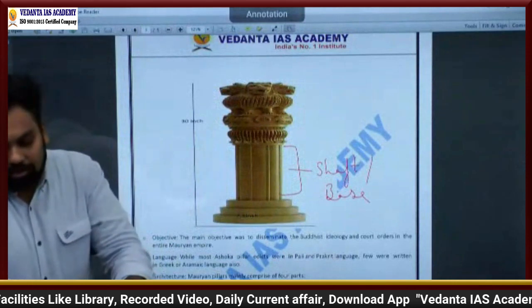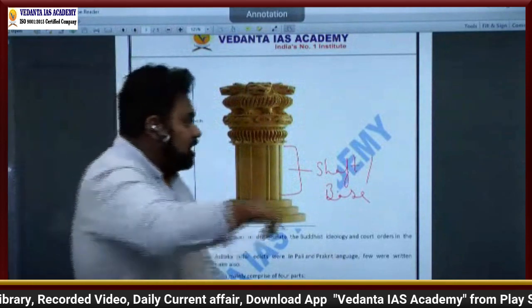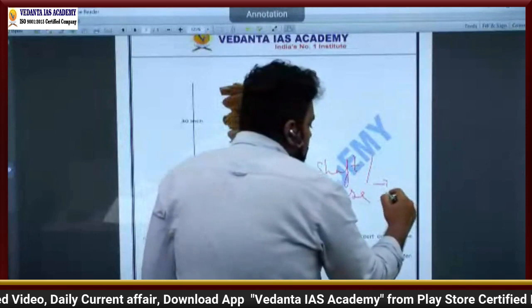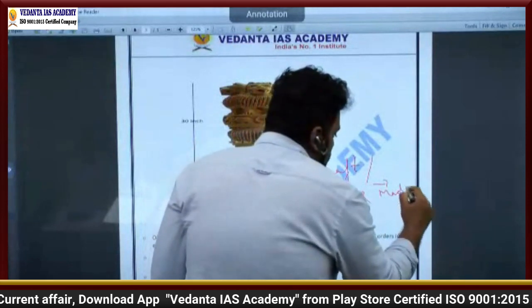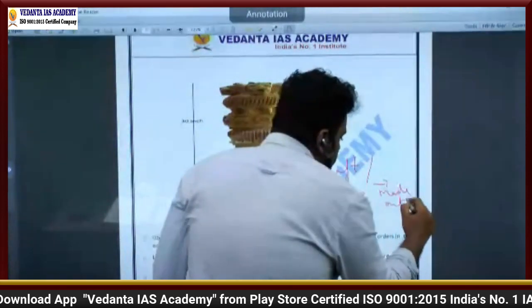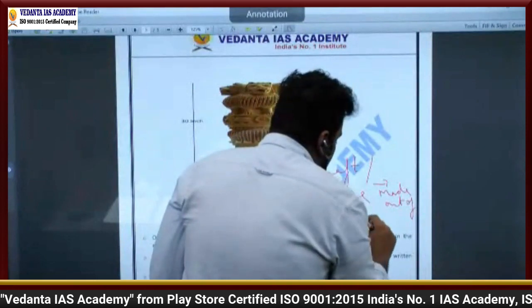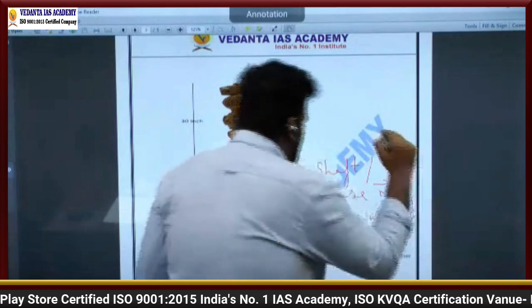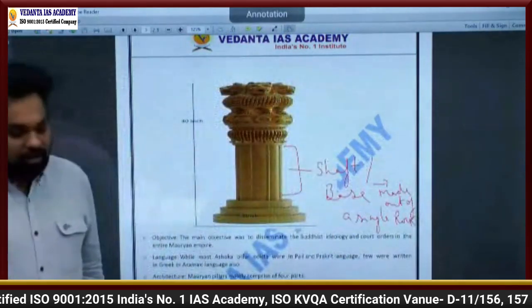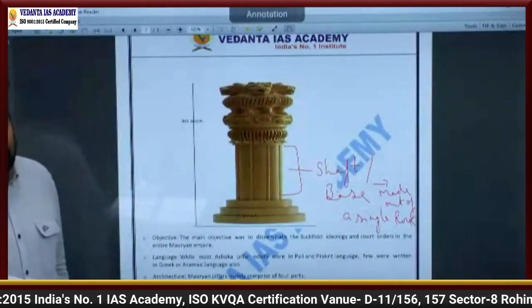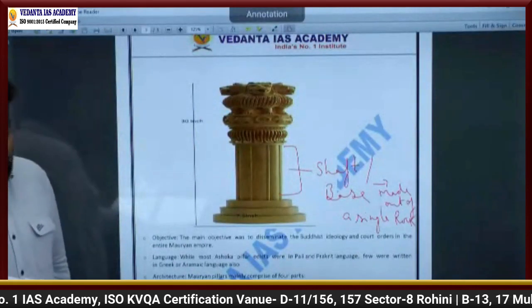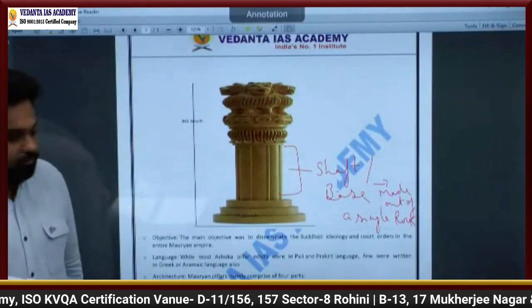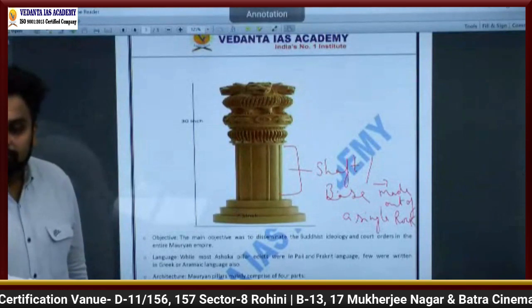Shaft or the base. And the interesting part is that it is made out of a single rock. Made out of a single rock, right? So that is something which we need to understand, right?